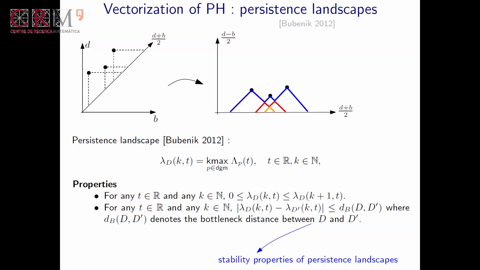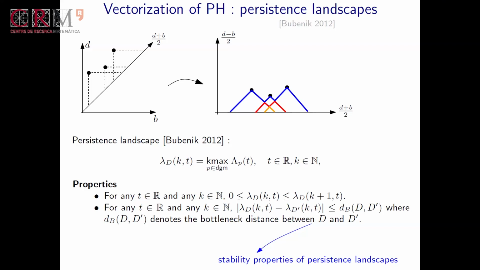So if I look at the difference between the landscapes lambda D and lambda D prime, where D and D prime are two persistent diagrams, it is always upper bounded by the bottleneck distance between D and D prime, which means that all the stability results we stated for bottleneck distance still hold for landscapes.